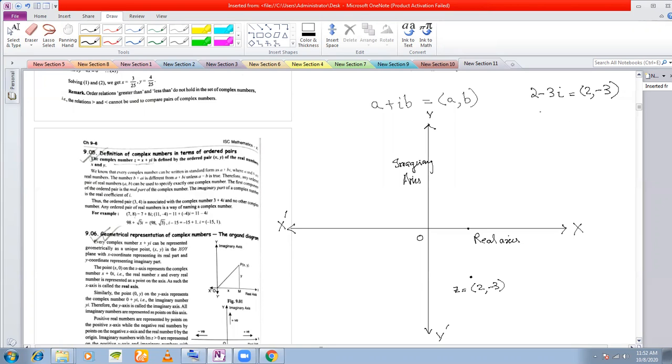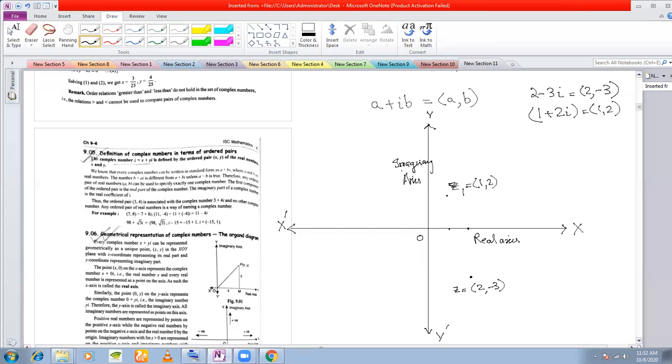So if I want to represent a number, say 1 plus 2i, which can be written as (1, 2), I will represent this as 1 and then 2. So here, say z1 is equal to (1, 2) is a point here.